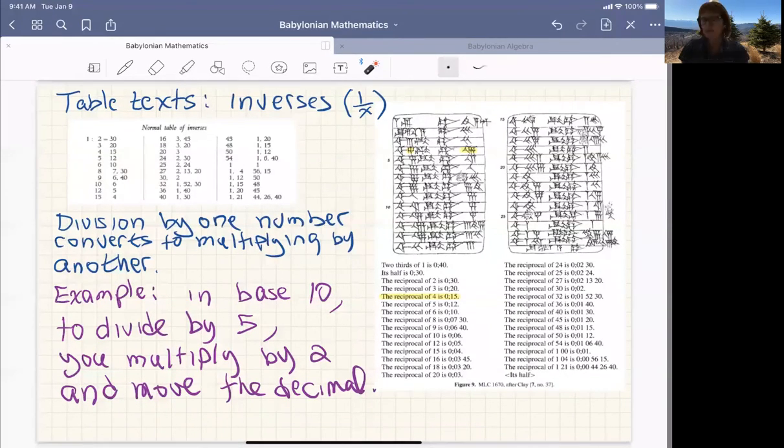So in base 10, there's actually a trick for dividing by 5. And I bet some of you have figured out this trick. So if I need to divide by 5 in my head, I multiply by 2 and move the decimal. Why?